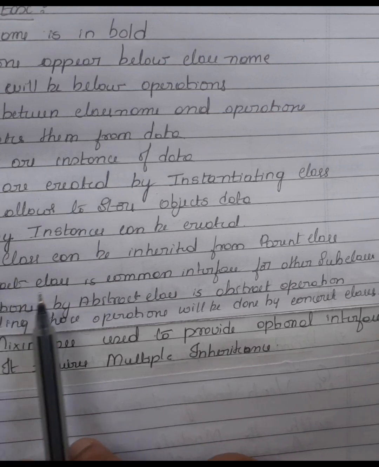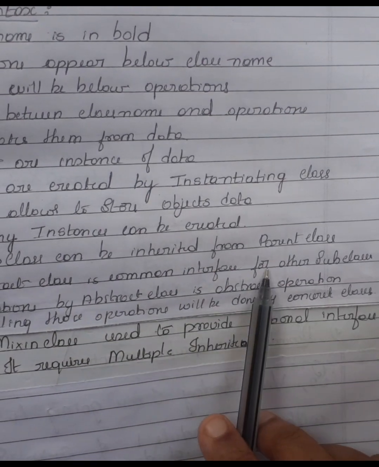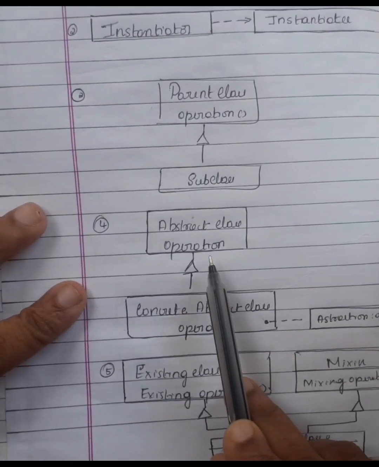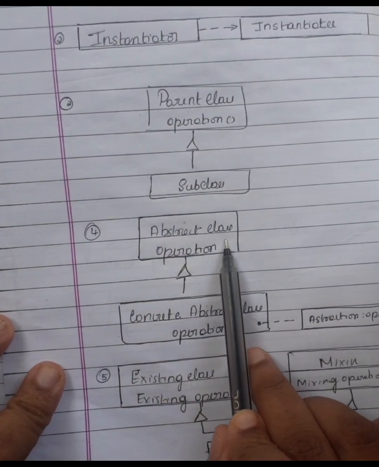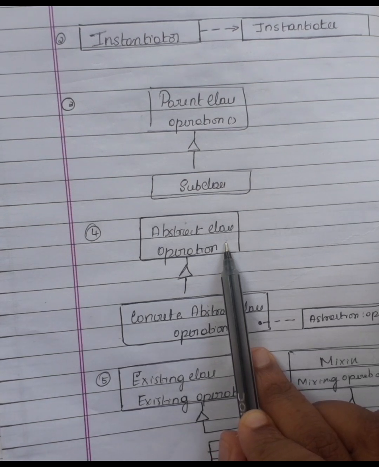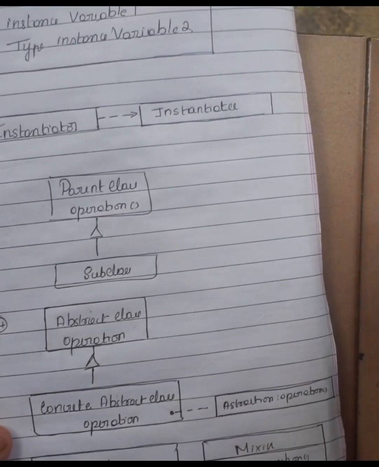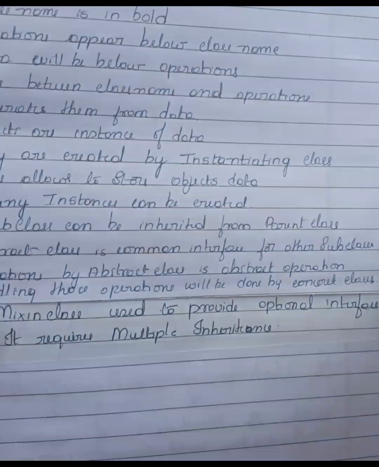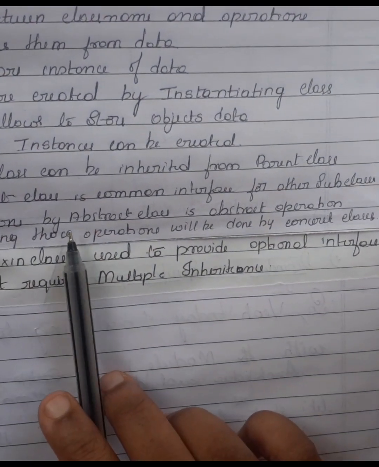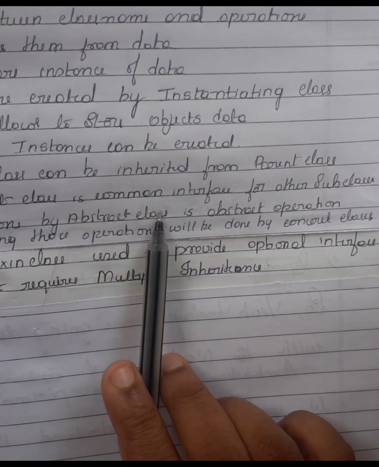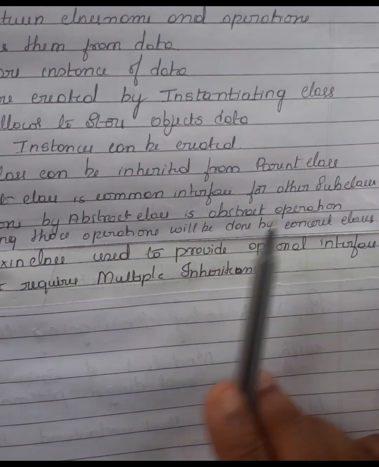An abstract class is the common interface of other subclasses. Here in the next diagram, the abstract class is just an interface that is used to connect between two classes. So it's an interface, right? Next, the operations performed by the abstract class are abstract operations.